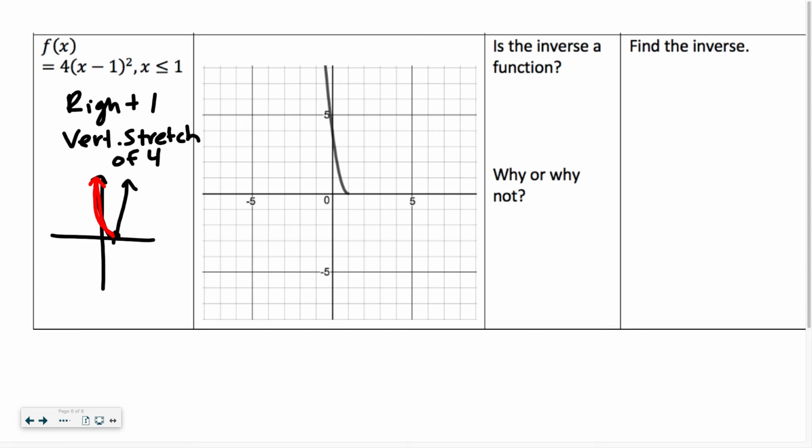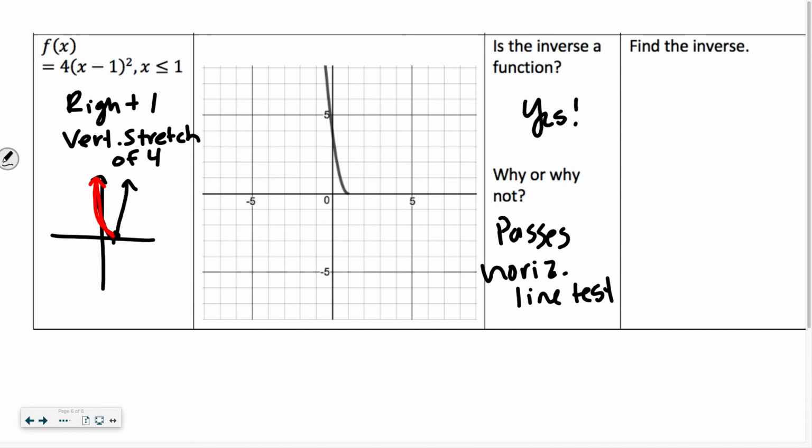On the first problem, when it was a full parabola, I had to say no. But now I can say yes, it passes the horizontal line test. When you take Algebra 3 or pre-calculus next year and you are working with inverses, you're only going to do inverses if they are functions. So your book is always going to put that restriction on there. It's going to say x is less than this or x is greater than this, and that's just saying use the one arm of the parabola.